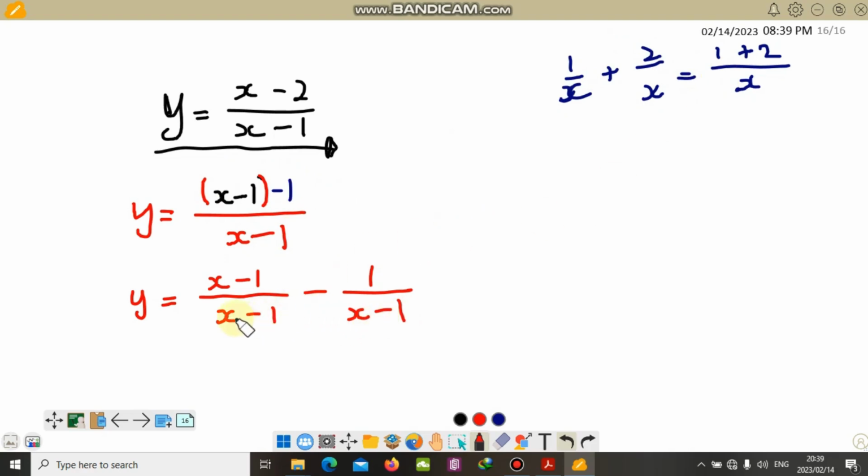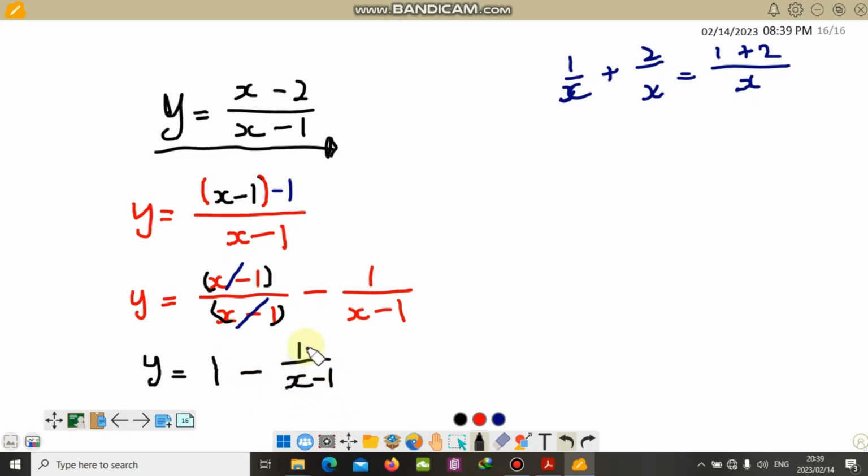If I take it back, the denominator is the same, it's going to be the same thing. So once you have it like this, we can see that these are the same, they cancel each other, and you have that part. So basically you have y equals, this is going to be 1. So this whole term cancels this term, positive 1 minus 1 over x minus 1.